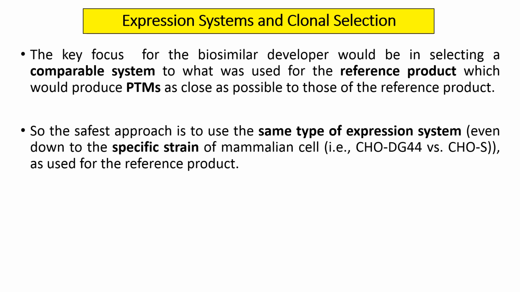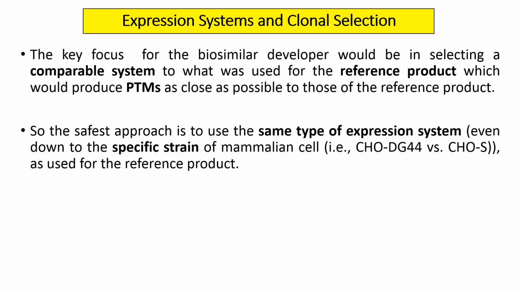So the key focus and success for a biosimilar developer is choosing a comparable system to that used for the reference product, which means that we want an expression system that produces post-translational modifications as close as possible to those produced in the reference product.